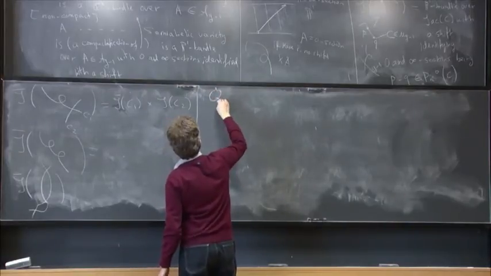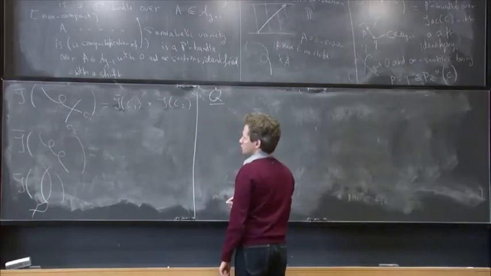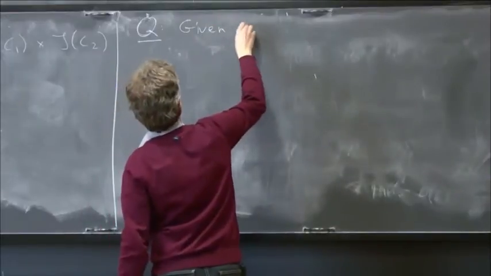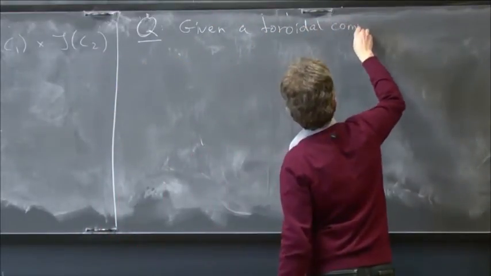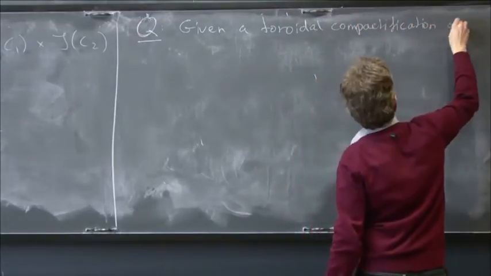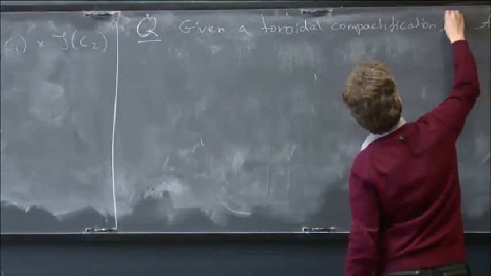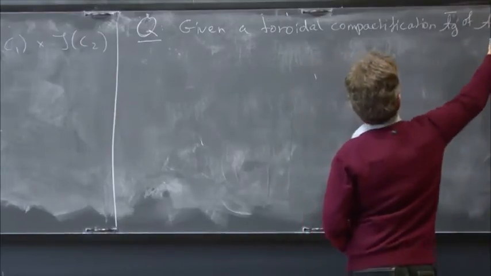The question I'd like, well, this is not the question I want to address, but this is a preliminary question that I tried to set up here, was the following. Given what is called a toroidal compactification of AG, let's call this toroidal compactification AG bar, and I'll put different letters here to indicate which one.